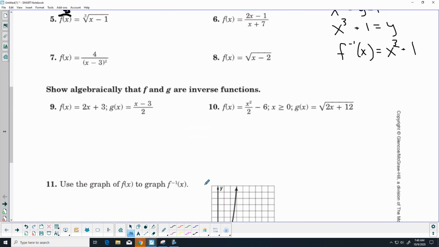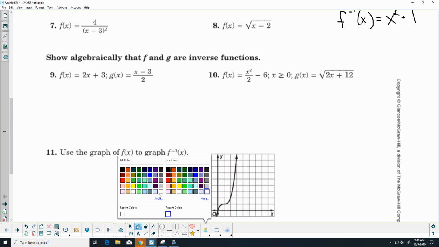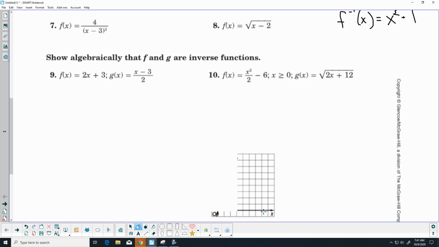All right. On 9 and 10, you are going to have to show that they are inverse functions of each other. And that's where you have to use the composite functions and show that each composite function equals x.